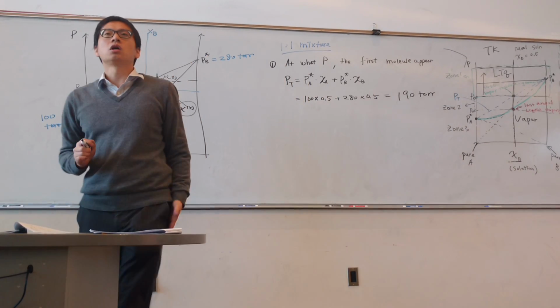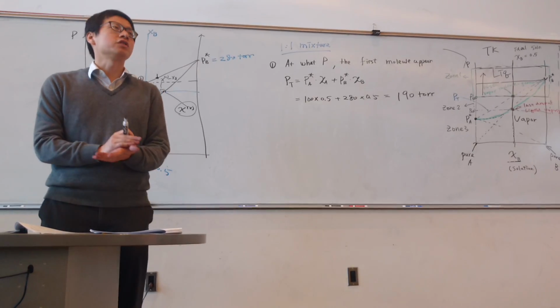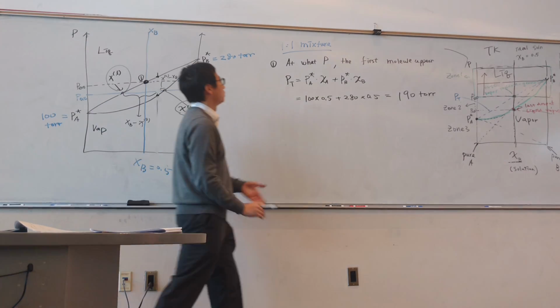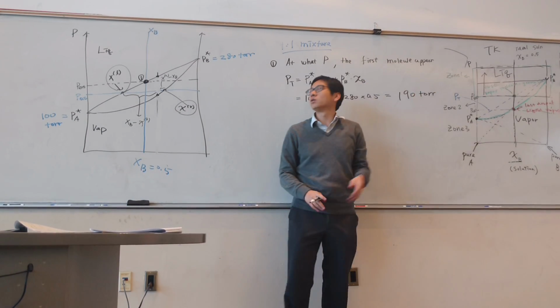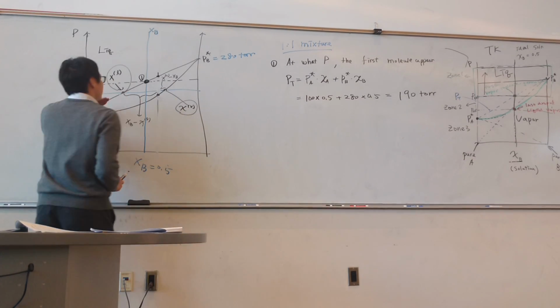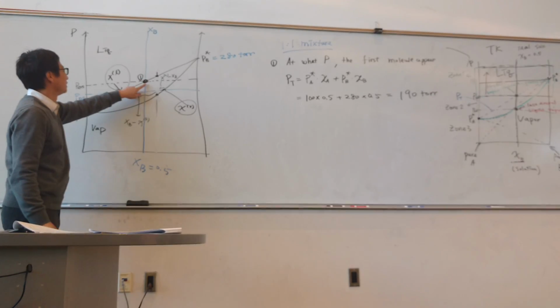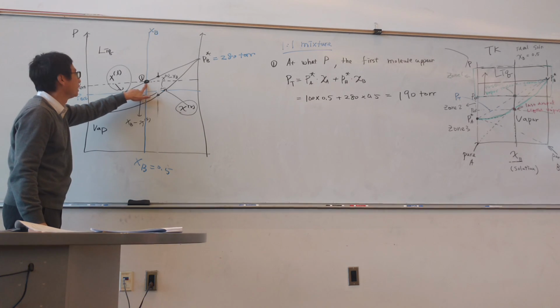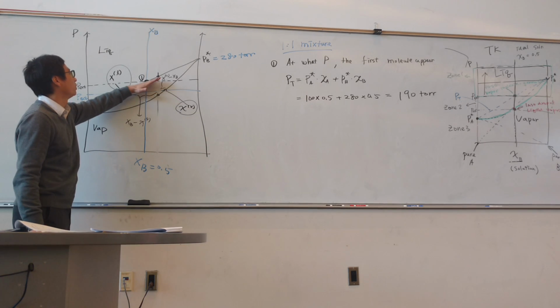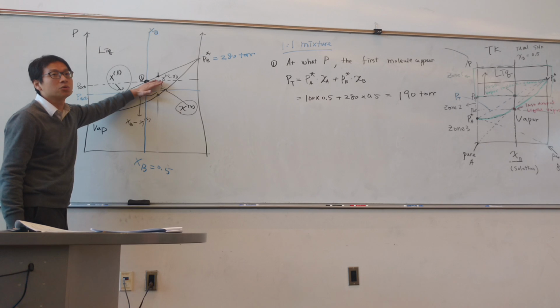The important thing of this question is that you need to know where you're going to see your first molecule appear. This is where the first gas molecule is going to appear, and this intersects with your P total for your ideal solution.